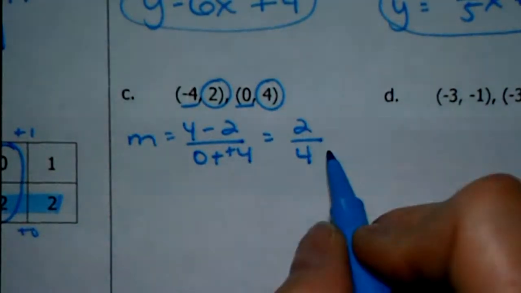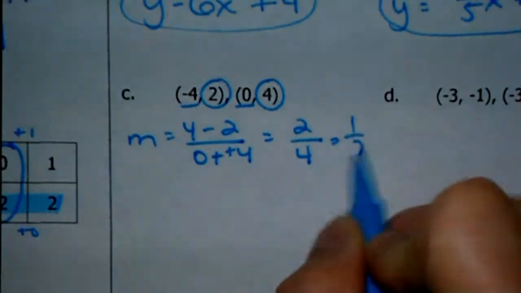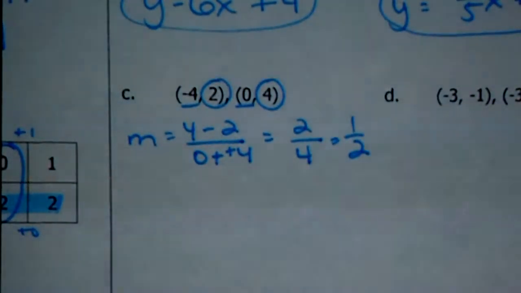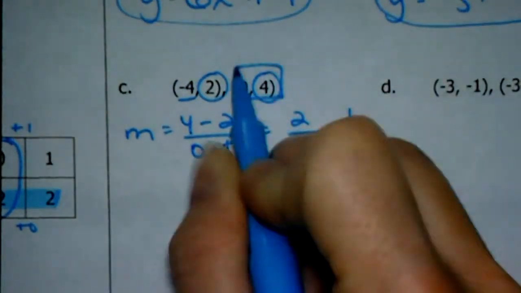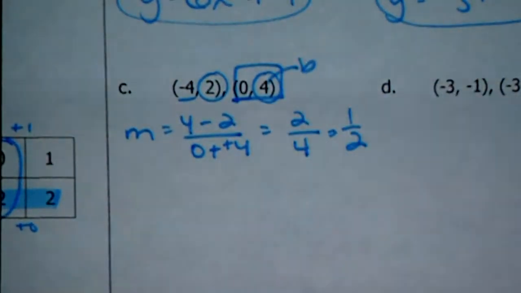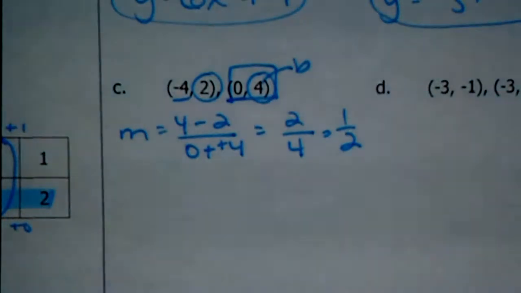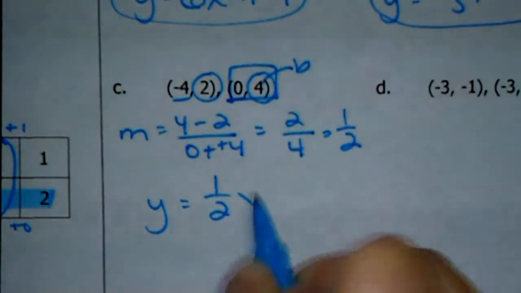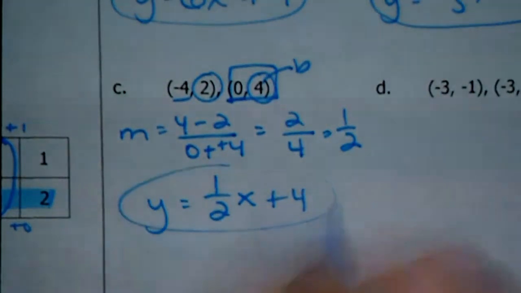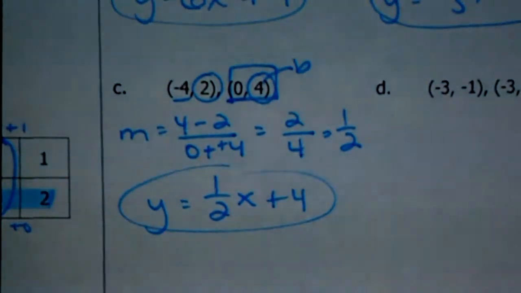And we get 2 fourths, and everybody knows that's 1/2, right? 2 fourths equals 1/2. And that's my slope. The y-intercept, of course, is the 4, because when x is 0, that's how I get the y-intercept. So if you wrote y equals 1/2 x plus 4, then winner, winner, chicken dinner.